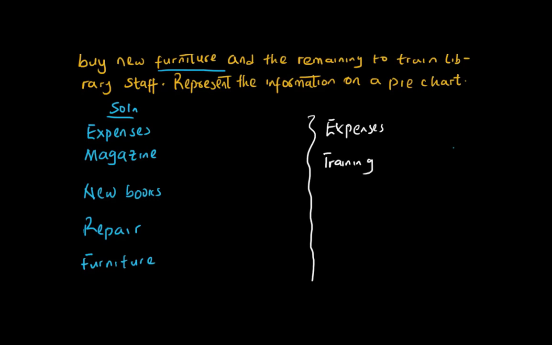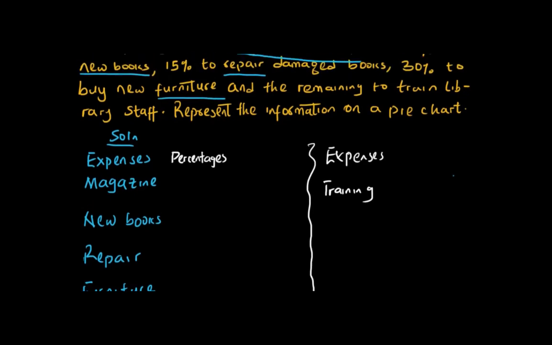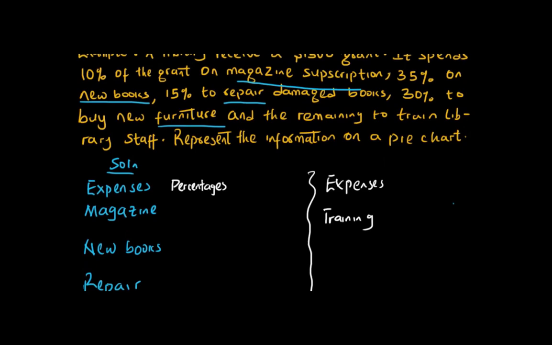Do you understand? Now the next thing we want to have is the percentages, since in this case we're given percentages. So for magazine subscription we have 10%, so we'll put 10%. For new books we have 35%, so we'll put 35%.